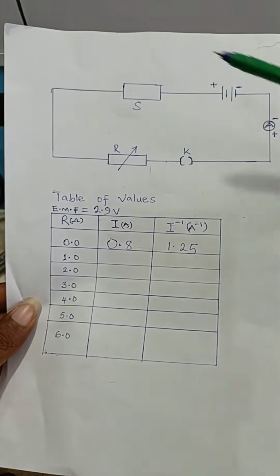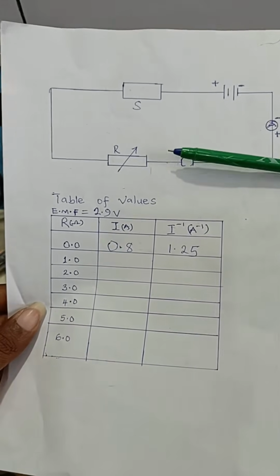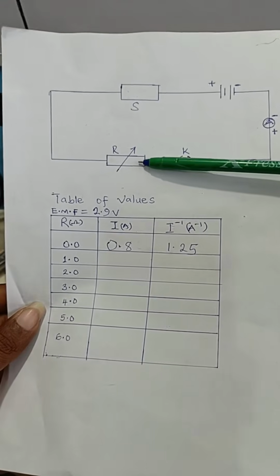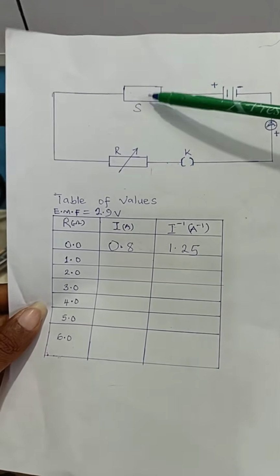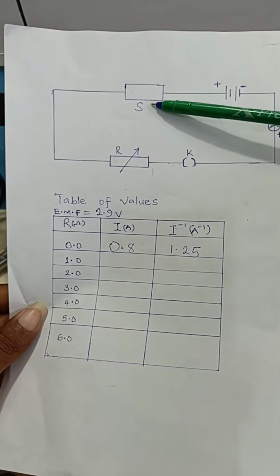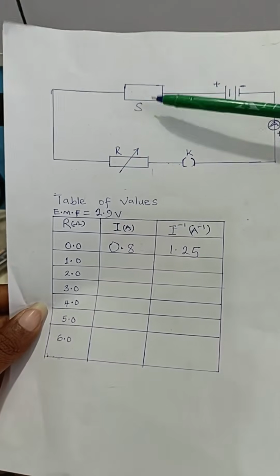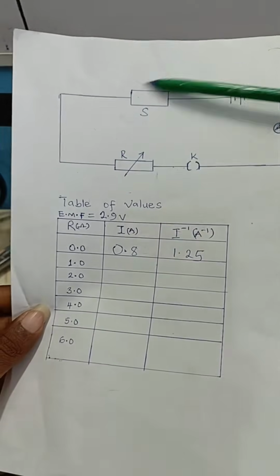And what will now be the effect on current? The value of current will decrease following Ohm's law. So the fact that I have activated 2 ohms resistance being connected to our standard resistance, and I'm using 1 ohm as the standard resistor, your lab technicians may not tell you the value of this standard resistor. In fact, in the instruction it was not given. Whatever it is, not your business.